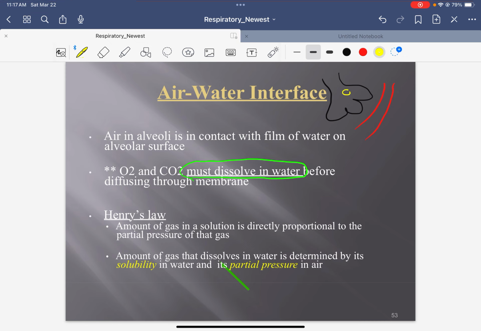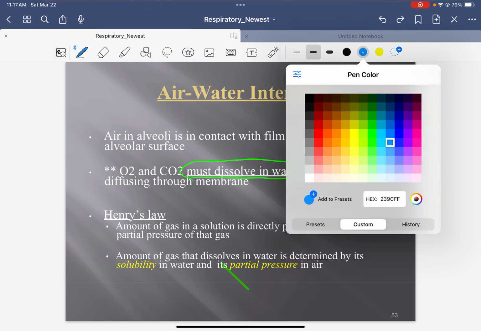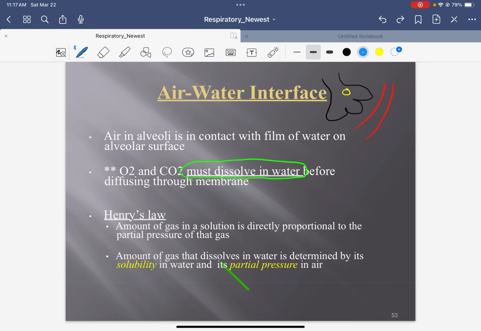Oxygen is going to diffuse from the alveoli into the blood. But now we're adding something. That oxygen has to dissolve in water before it can diffuse through the membrane. So let me just go back. What that means is, let me just put a little bit of blue. Remember, there's a layer of fluid surrounding the alveolar membrane.